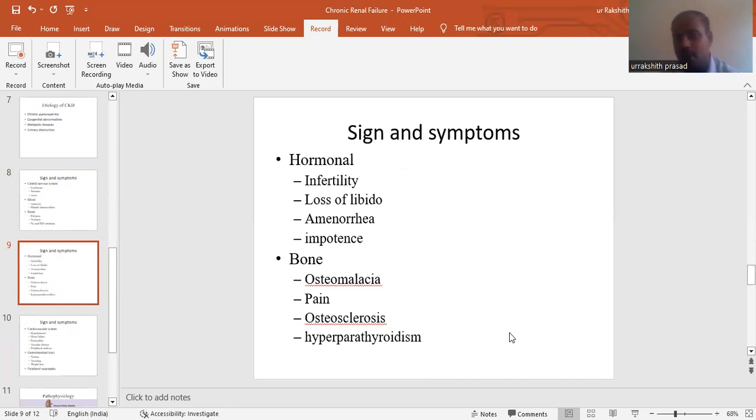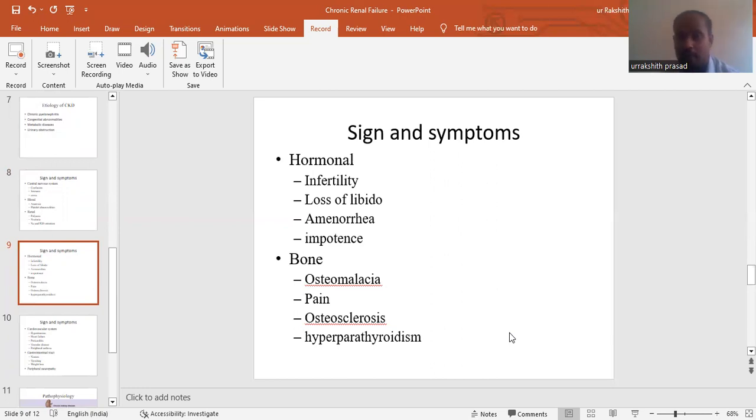Coming to the hormones, usually the person who has CKD may have infertility. The sexual characteristics are a little bit less, and desires are less in this person because of abnormal hormonal secretions, and amenorrhea, a history of skipping periods.